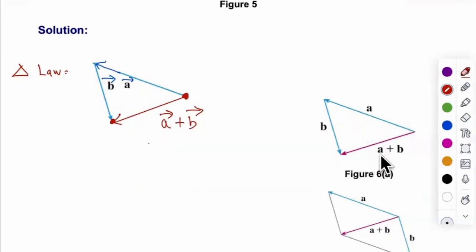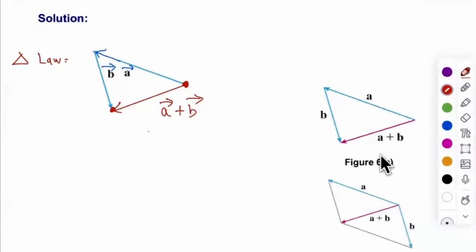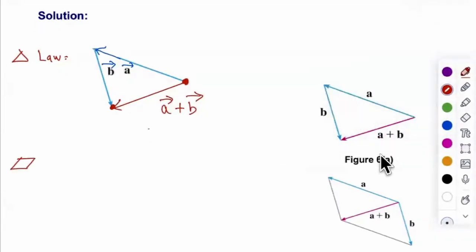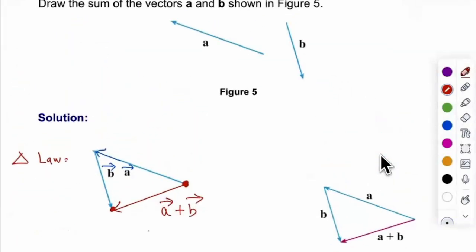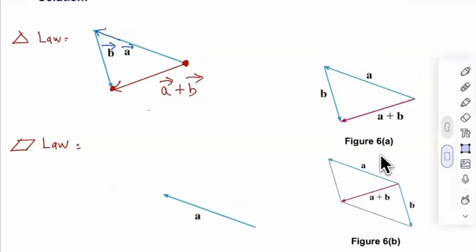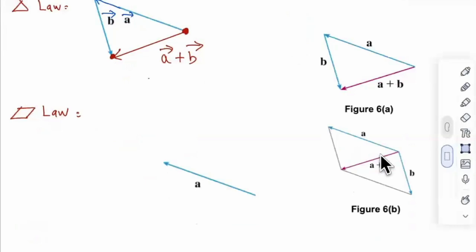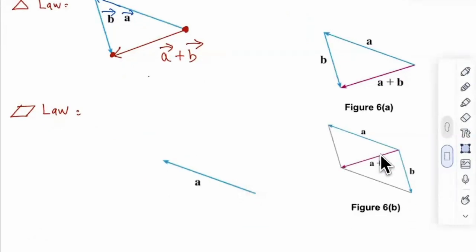Now, if you do the parallelogram law, I will start with this vector A, and then for vector B, I'm going to put that at the same initial point as the initial point of A. So I'm going to move it.